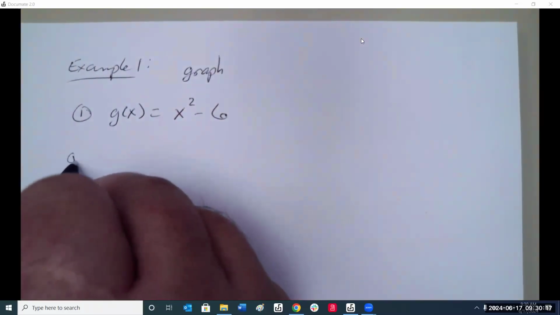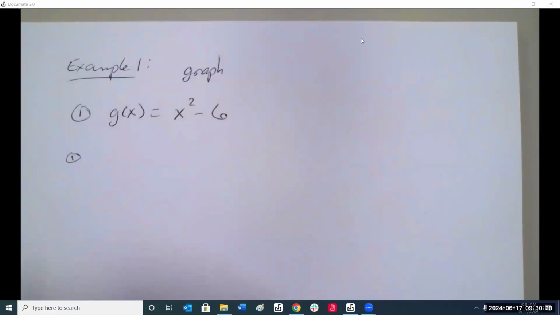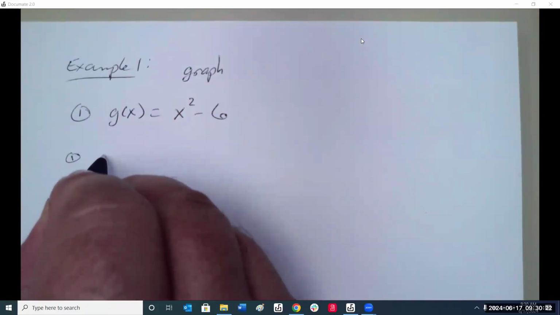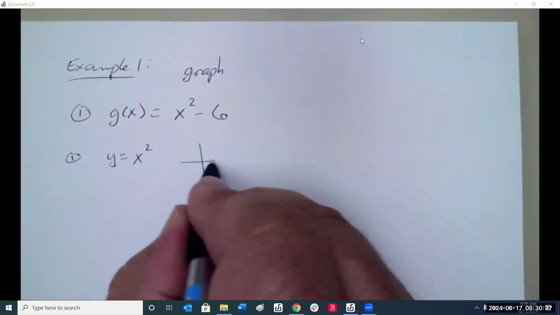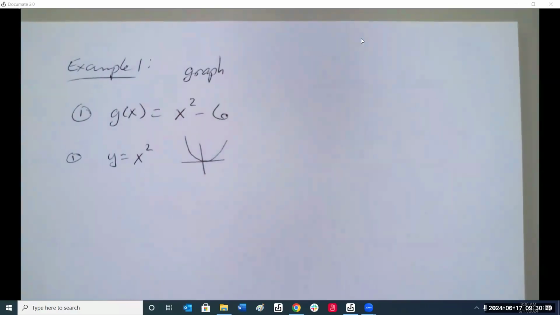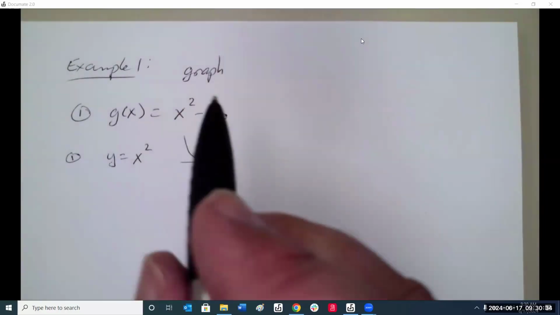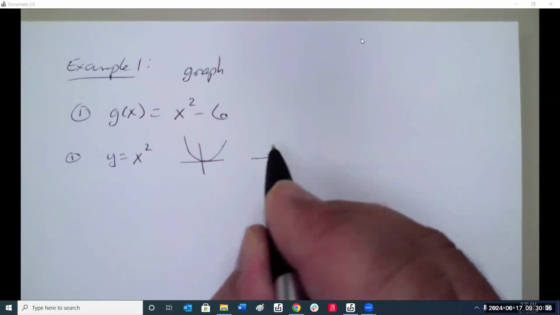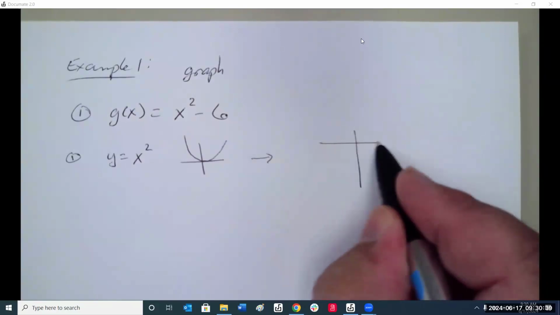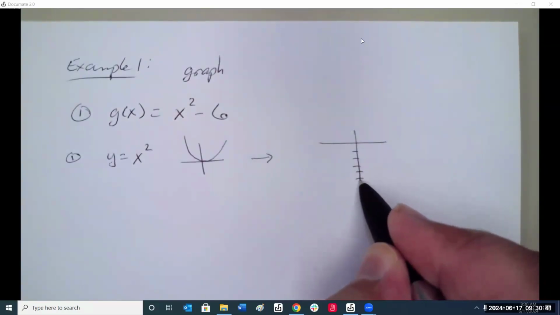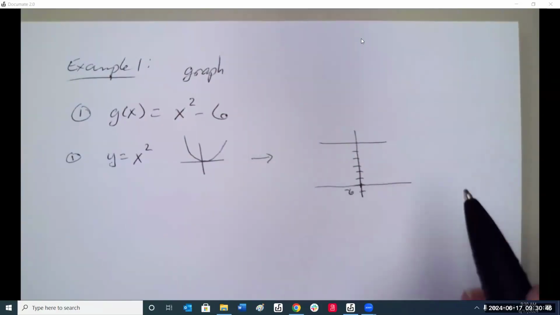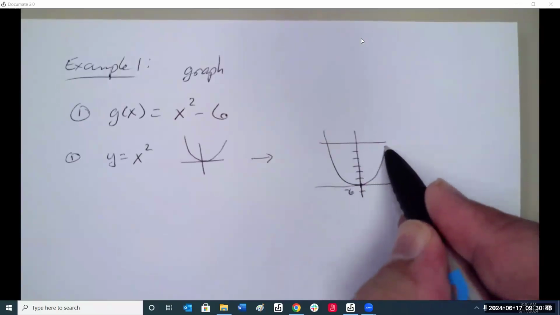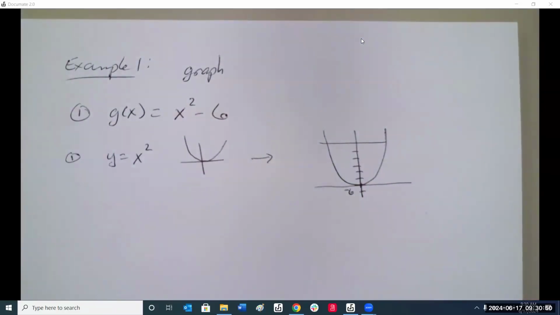So the first step, what's the original function? X squared. You have to know what your first graph is. That's the first thing you have to look at. What's the original graph? Now, what's the only thing it does? It goes down 6. Very good. 1, 2, 3, 4, 5, 6. So the graph looks the same. It's just been moved down 6 spaces.